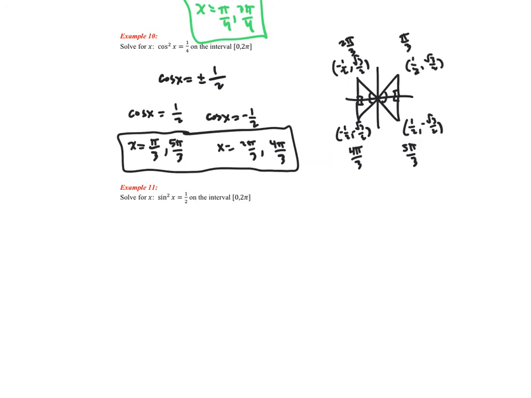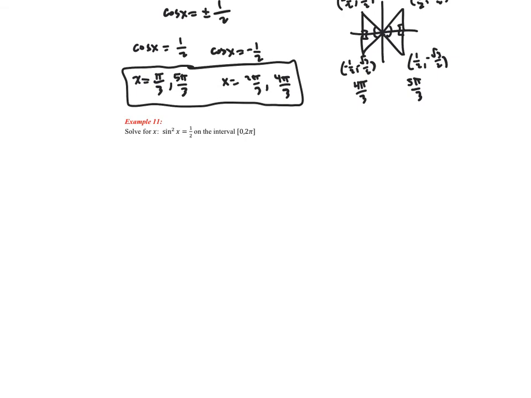Let's look at example 11, and that should be it for today. Very similarly, we're going to take the square root of both sides. So sine x equals plus or minus 1 over root 2. Anywhere you see a 1 over root 2, you should be thinking factors of pi over 4. So where does that happen? Well, sine is positive in quadrants 1 and 2, which means that x would equal pi over 4 and 3 pi over 4.